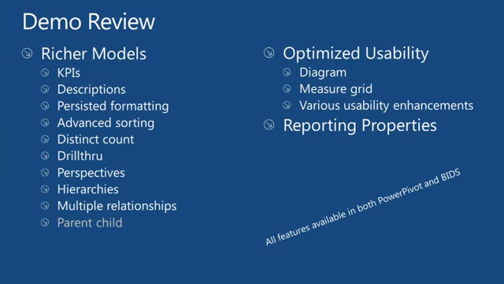We now have KPIs. We have descriptions. We have formatting that has persisted. We have advanced sorting, sorting on another column. Distinct count. We allow drill through. So you can click on a measure and it will automatically drill through to the underlying table.